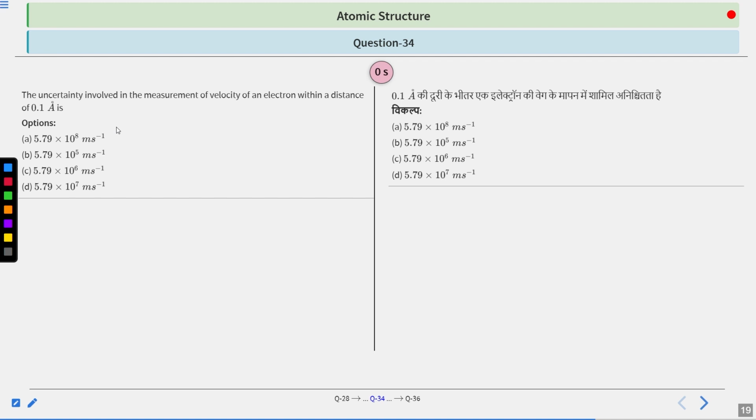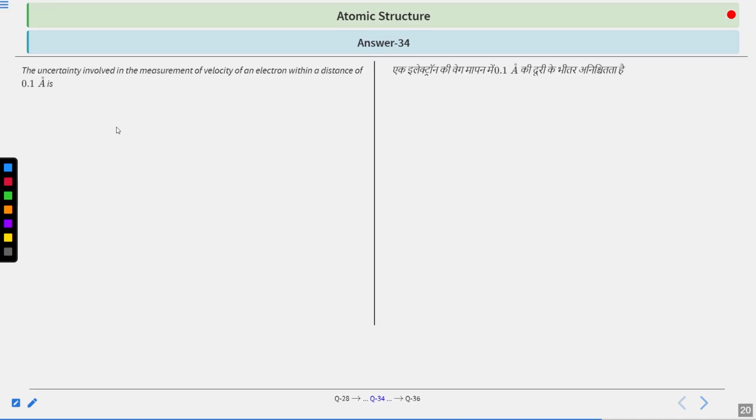Okay, now let us see how we can solve it. The question says that we have to find the uncertainty in measurement of velocity of an electron if its distance is given as 0.1 angstrom. Now the correct option is C, which is 5.79 into 10 to the power 6 meter per second. And we know that delta x multiplied by delta p is equal to h by 4 pi.